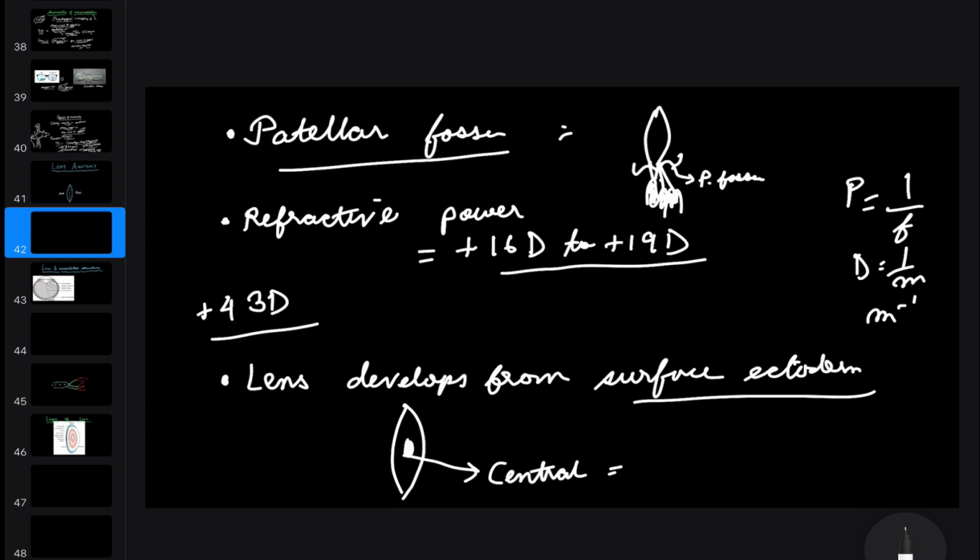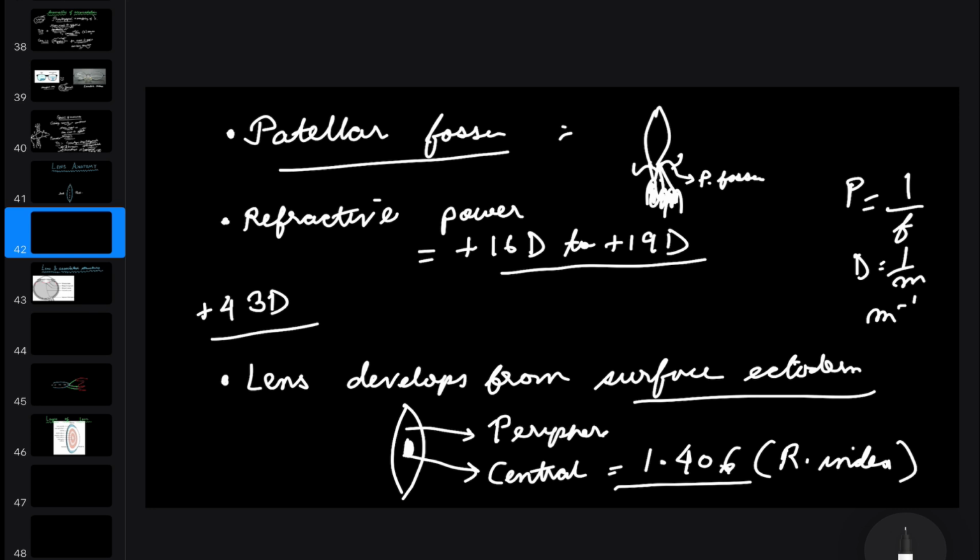The refractive index of the central part of the lens is approximately 1.406. To put this into comparison, this is the peripheral part of the lens, and it has approximately 1.386 as its refractive index. So obviously the central part is more converging and the peripheral part is less converging. Done.